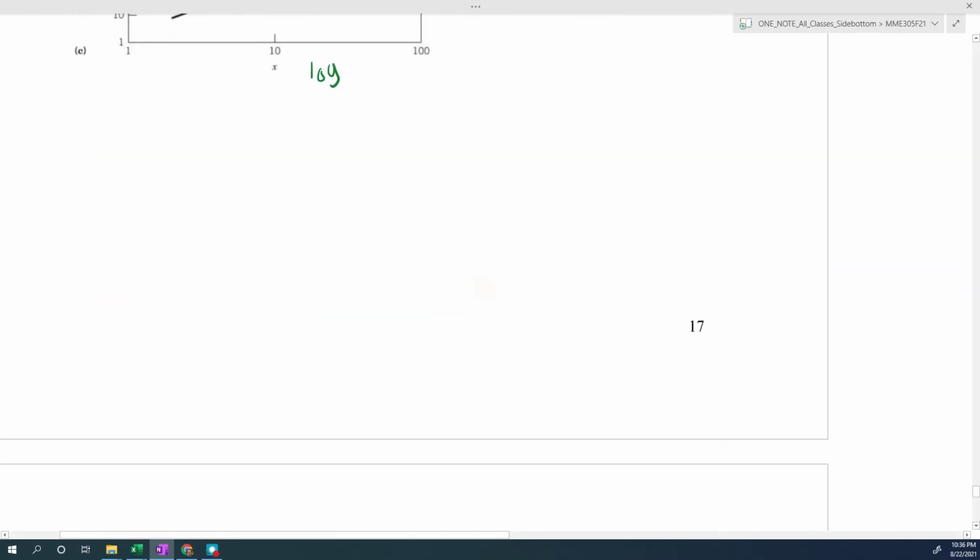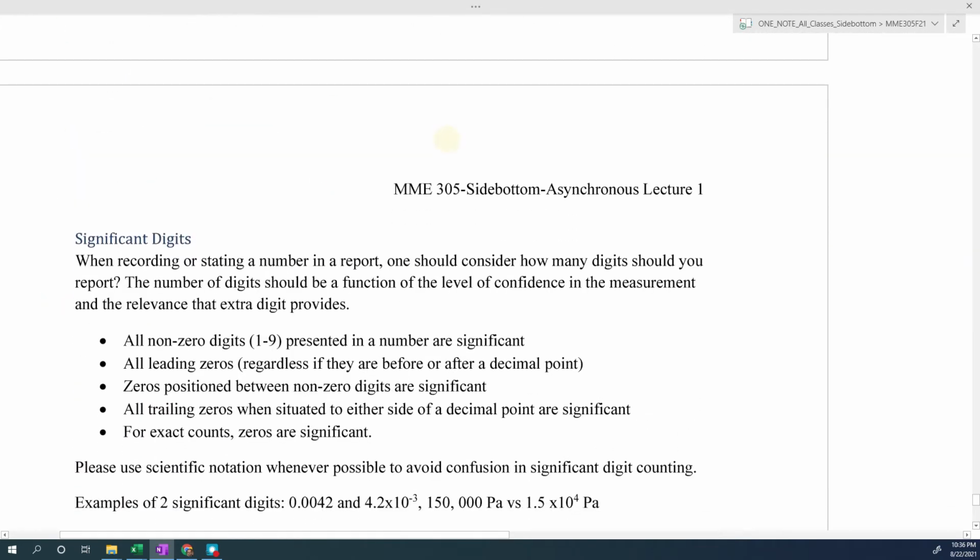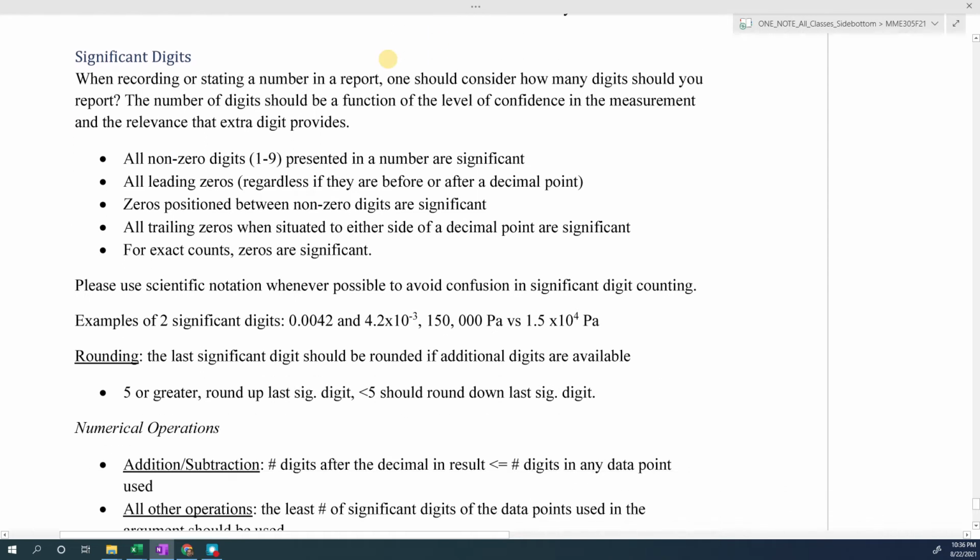If you're presenting raw numbers, a very important thing in your reports is to consider the number of significant digits that are sufficient to report. Typically, the number of significant digits should be a function of the level of confidence in the measurement and the relevance that extra digit provides.